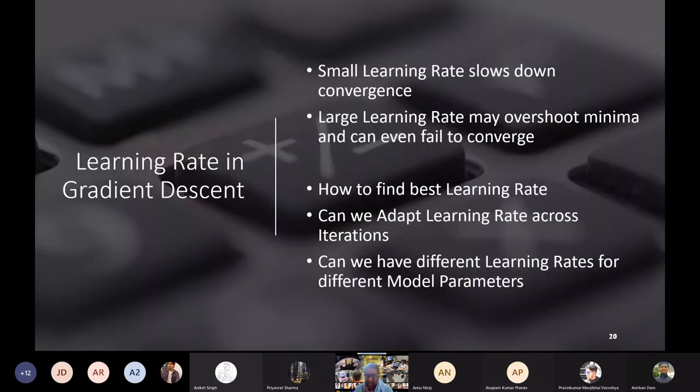So in this way, we can adapt the learning rate across iterations by looking at the change of direction of the gradients, and by increasing them when they are changing in the same direction. Next, we can look at whether we can have different learning rates for different model parameters. In a neural network, we have many model parameters, all the weights. So can we change these weights based on different learning rates?